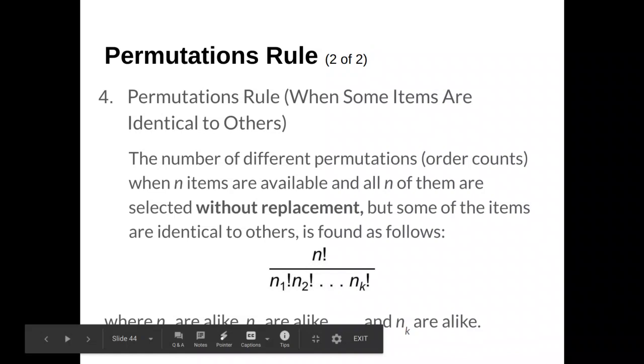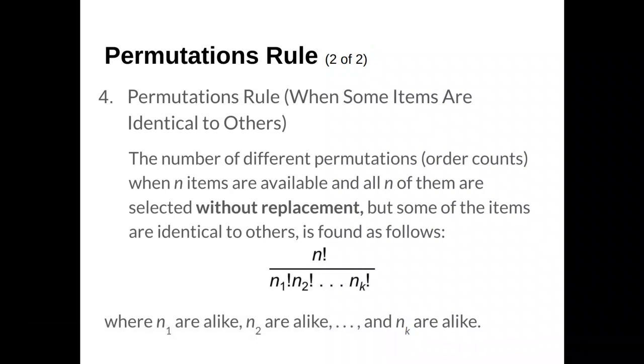And that gives us all possible ways to rearrange the letters in book. And what does that equal? 4 factorial divided by 2 factorial gives us a lovely little 12. So there are 12 different arrangements of B, O, O, and K.